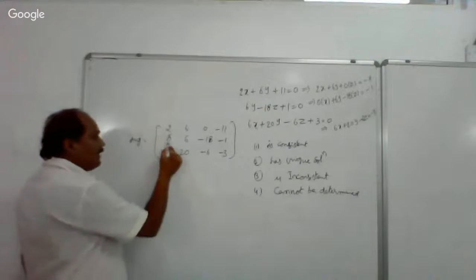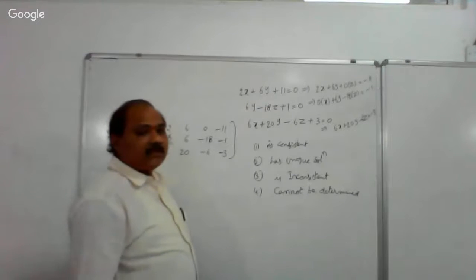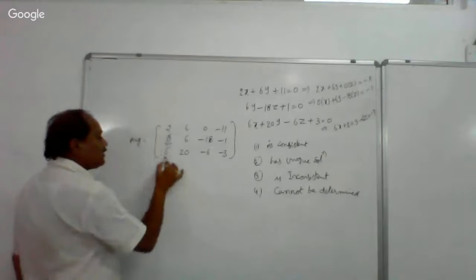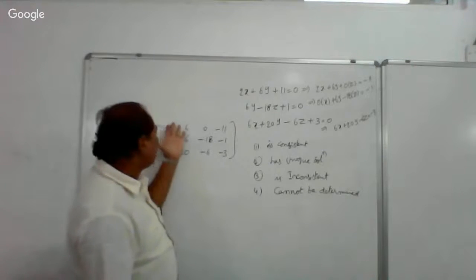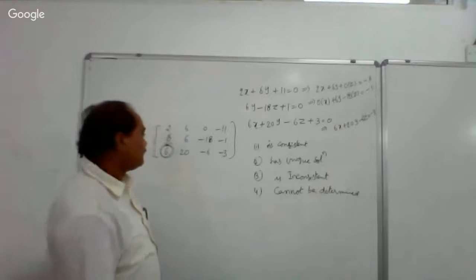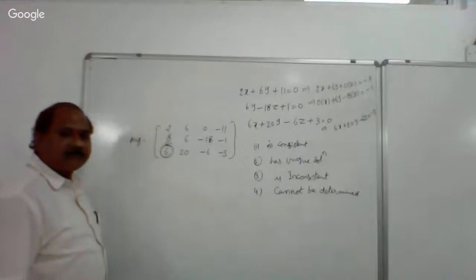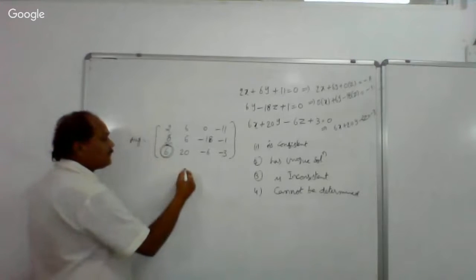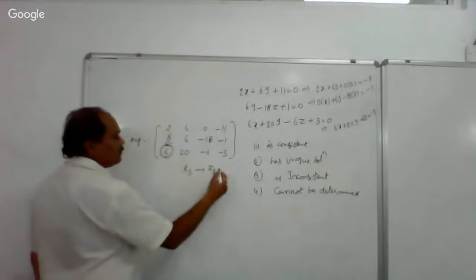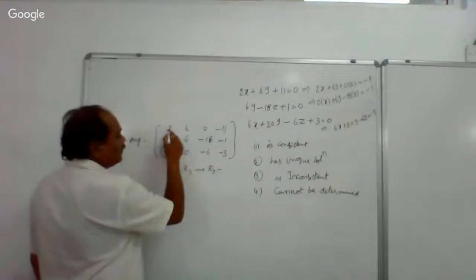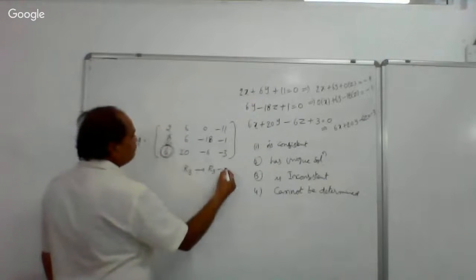Now already we have 0 here. Okay. Now make 0 here by using either R1 or R2. Now apply R3 minus 3 R1, because 3 into 2 means 6.